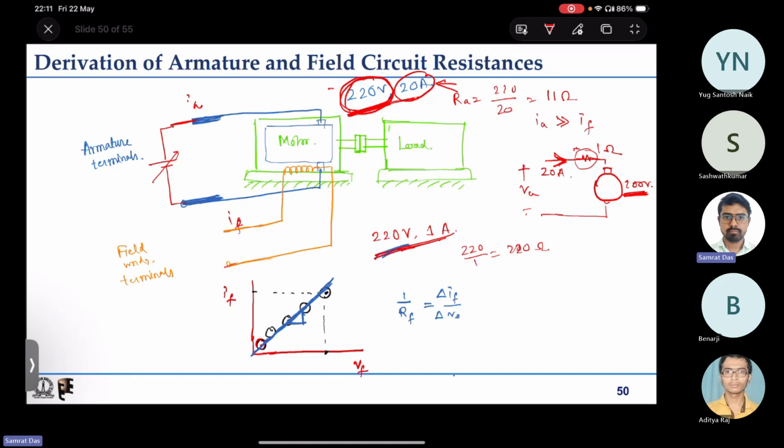The resistive drop will be 20 volt, so the total voltage required will be 220 volt, right? So a significant amount of the armature voltage rating is actually required to oppose the back EMF.